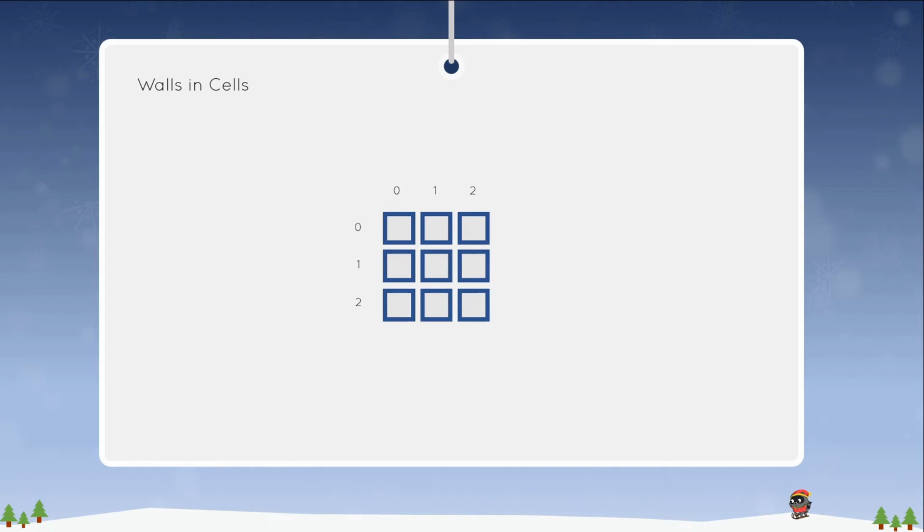The alternative approach is to store all of the walls in each entry in the array. With this approach, we do have to remove two walls when we want to move from one cell to another. We have to remove the eastern wall of the first cell and the western wall of the second cell to allow us to move across.